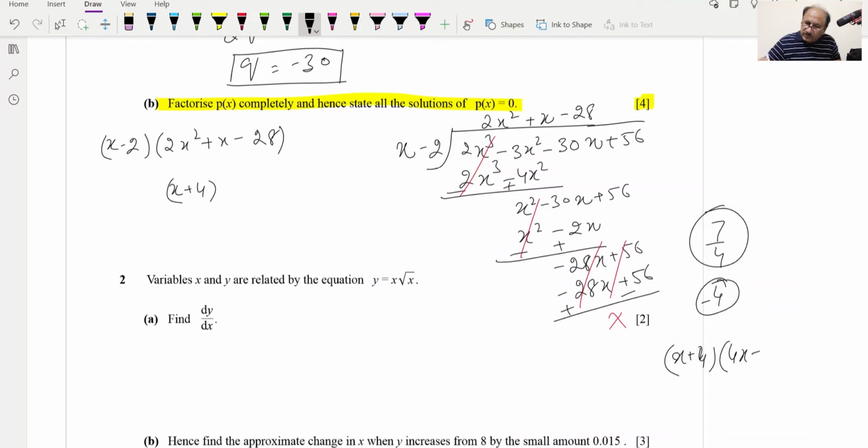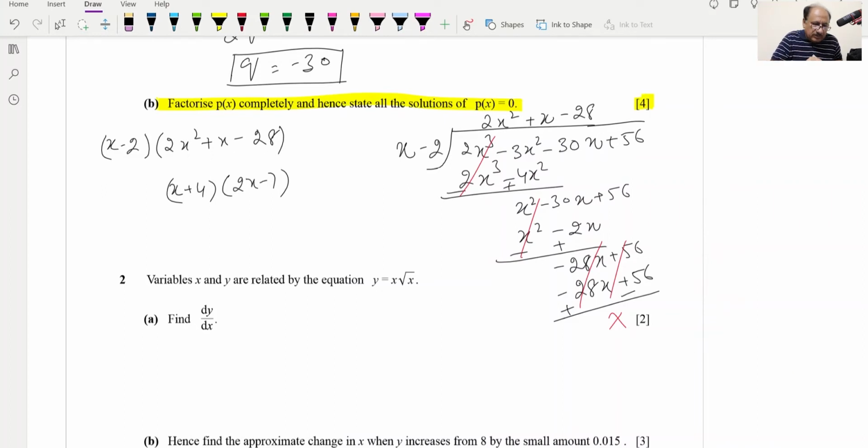For 7 by 2 we can write 2x minus 7. So 2x minus 7 will be the other factor. I am erasing the extra working which I've done for your explanation, and the first term will be x minus 2, and this will be the factorization.